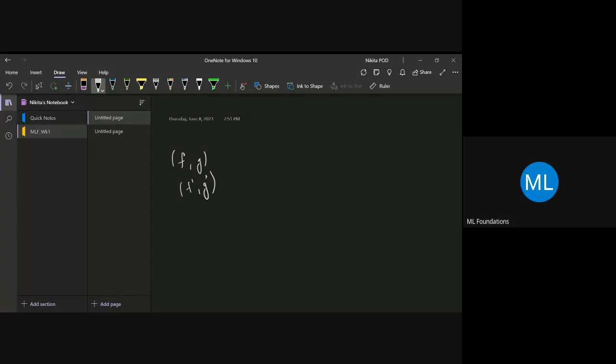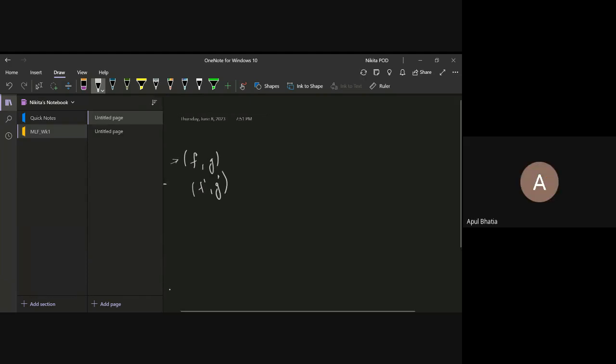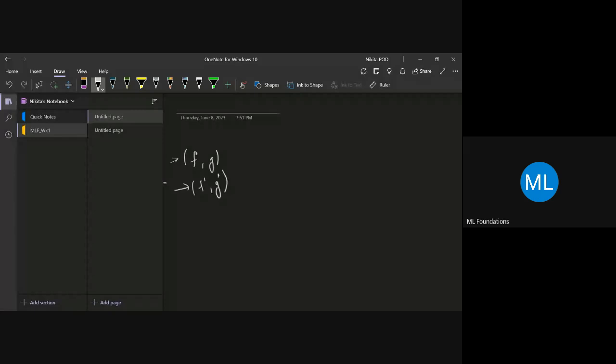So your question is like we have two encoder-decoder pairs, f, g and let's say f dash, g dash. So your doubt is, if we find the loss just for the encoder, for both the pairs.